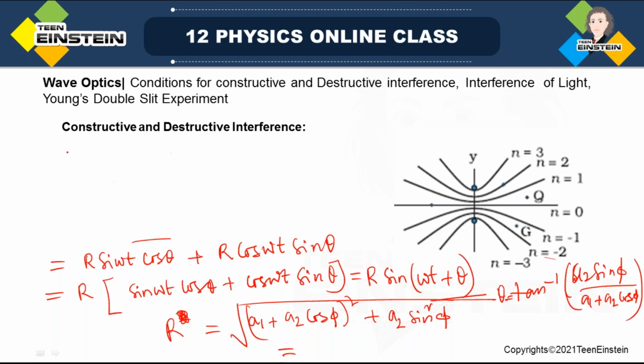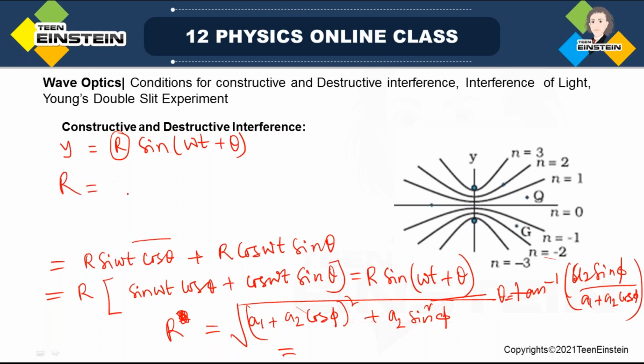Look here, the resultant wave after superposition, the resultant displacement after superposition is this one, where r has to be found out. We don't know r, and that can be found out from here.